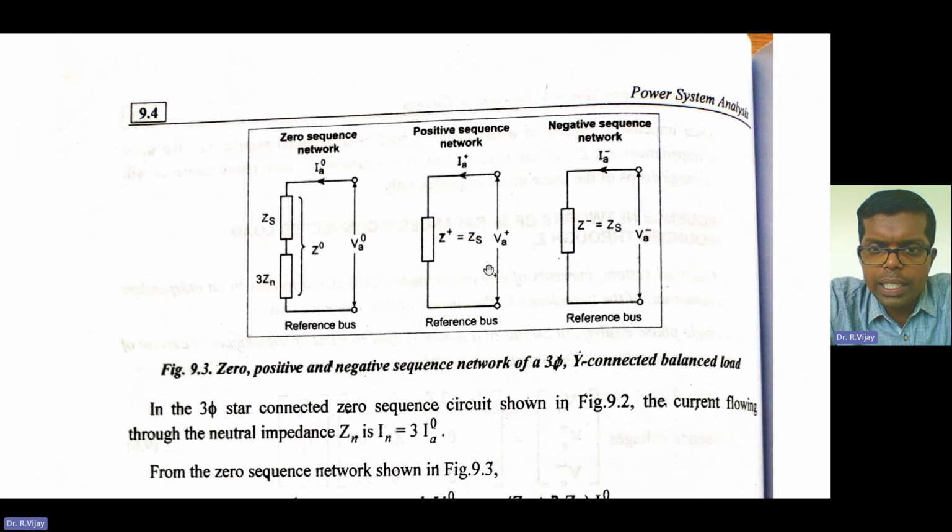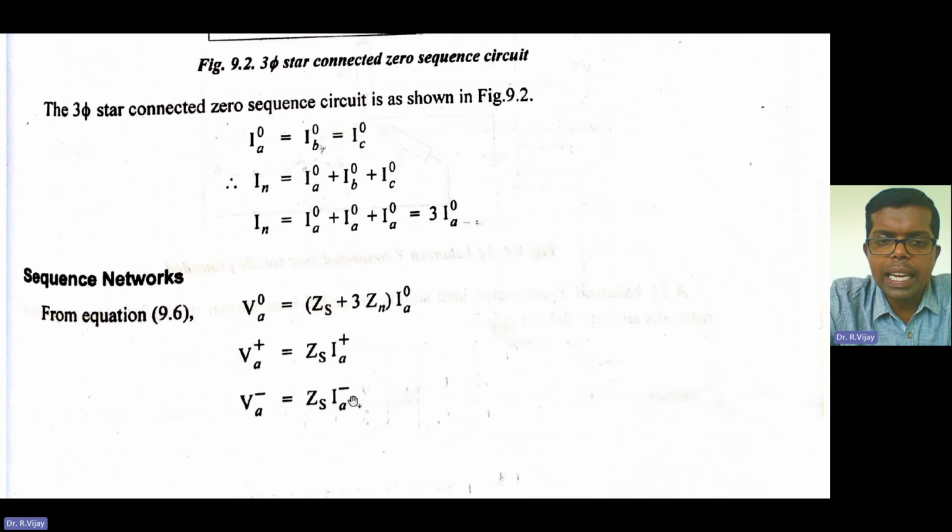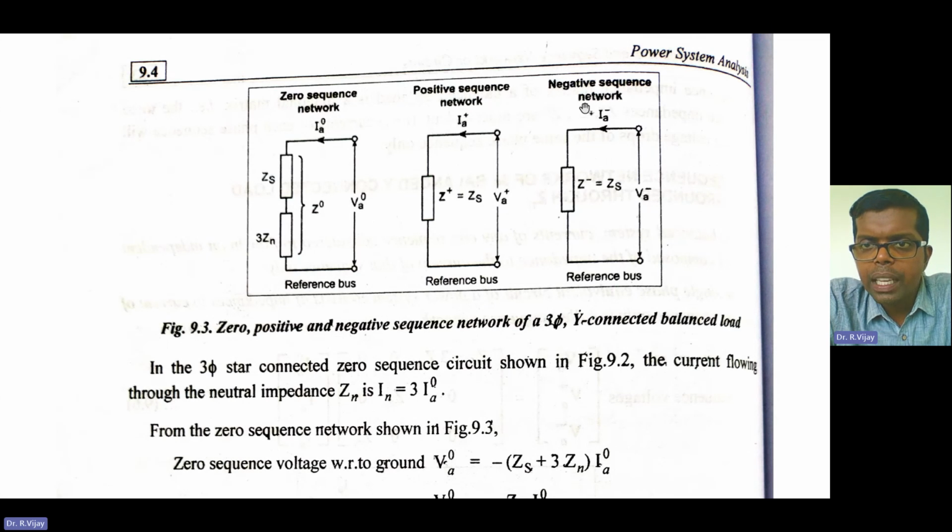Here V_A positive and I_A positive, so V_A positive is equal to I_A positive into Z positive, where Z positive is Z_S. Similarly, the negative sequence network: Z minus is equal to Z_S, so V_A negative is equal to I_A negative into Z negative, where Z negative is Z_S.